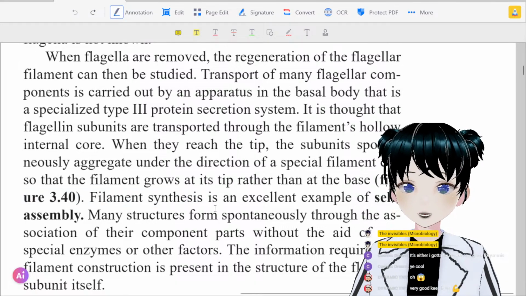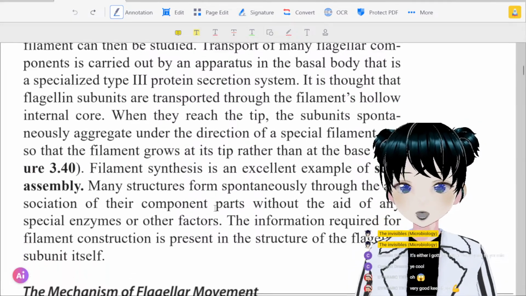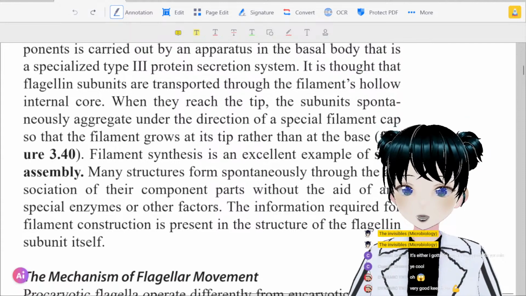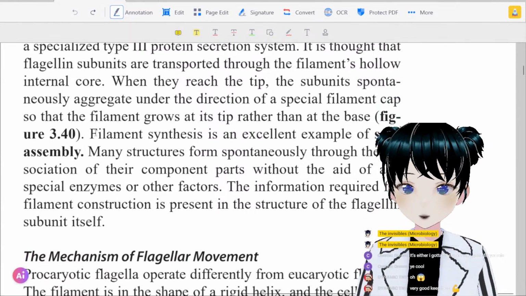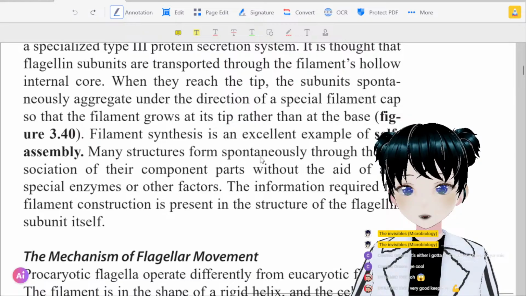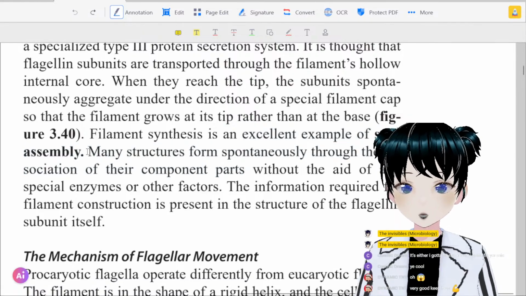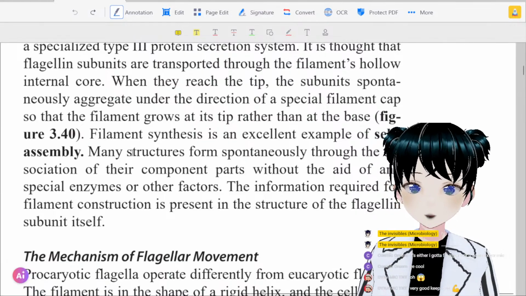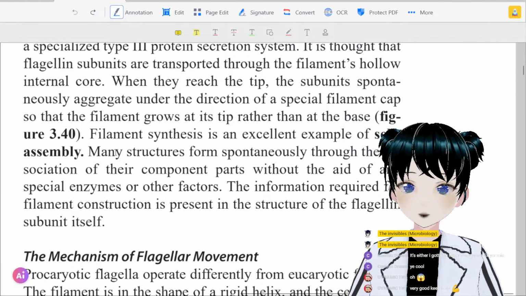In chemistry language, bonding makes them aggregate. Filament synthesis is an excellent example of self-assembly. Yes, because no one is telling them to move this way; it is self-assembly, because the bonding makes it happen on its own.